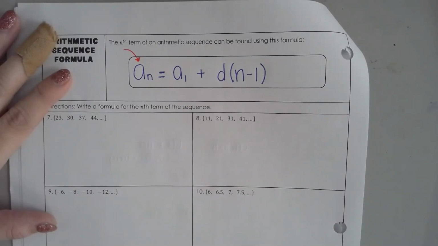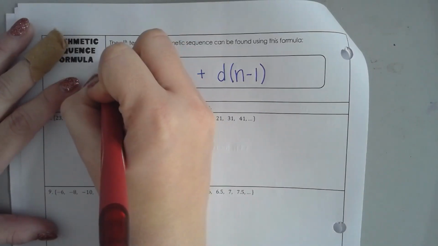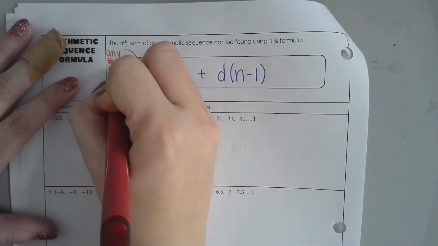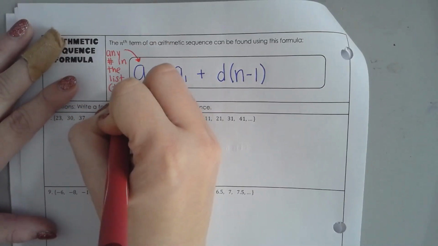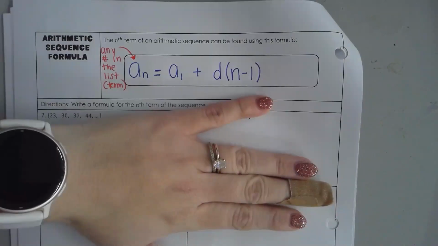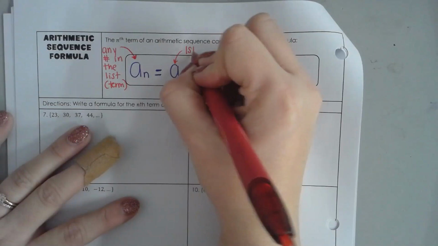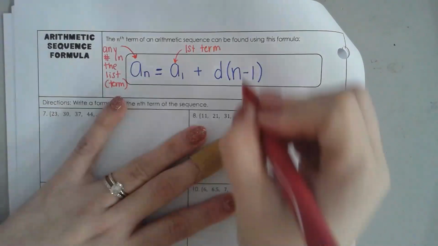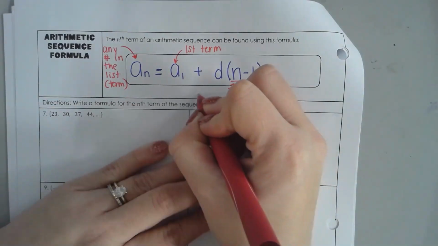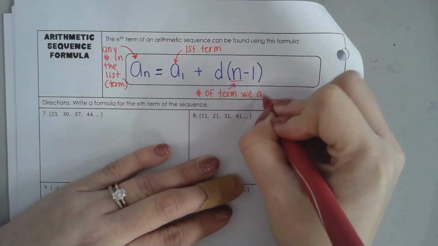Now, AN, that's just in general. That just says any number in the list, any term. We can find any term by using this formula. What is A1? Well, in general, what does that mean? The first term. And then N, that's the number of the term we are finding.